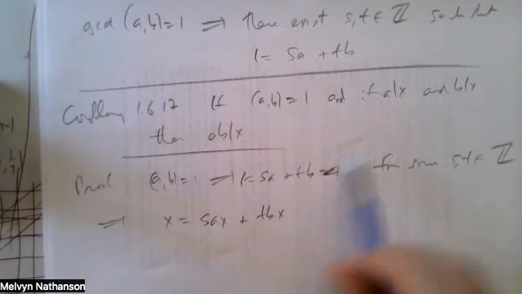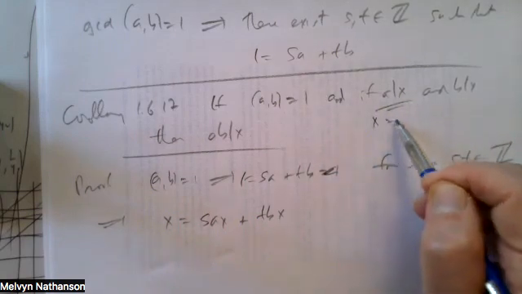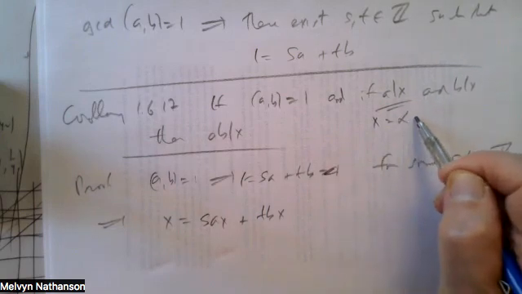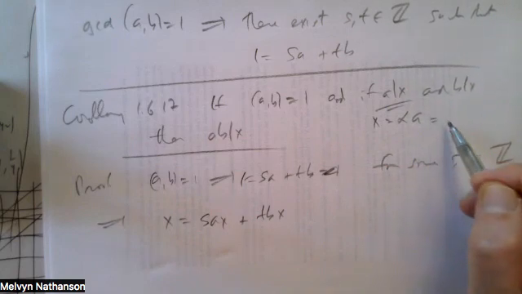And X is divisible by A. If A divides X, that means X is equal to, I'm just going to use the notation in the book, alpha times A. And if X is divisible by B, X is also some integer beta times B.